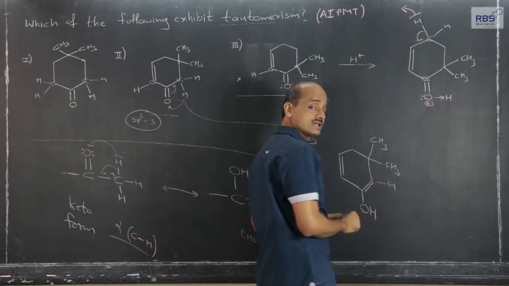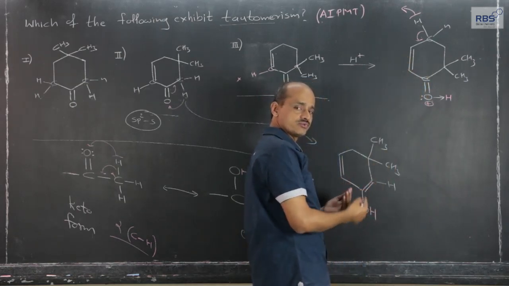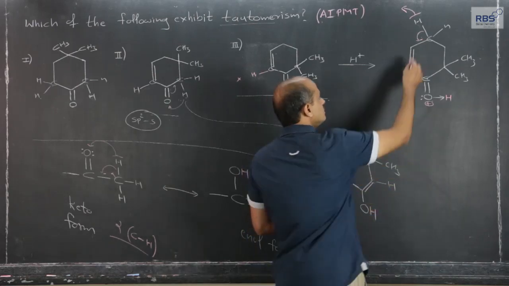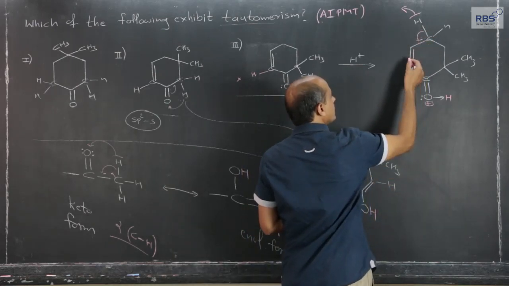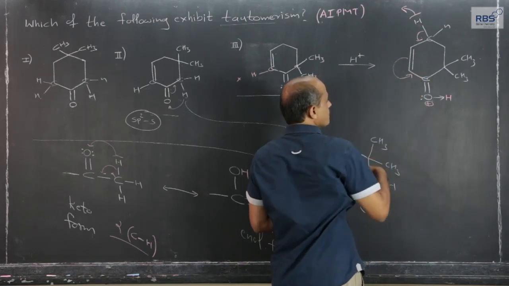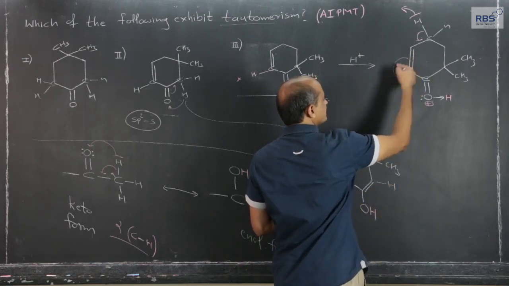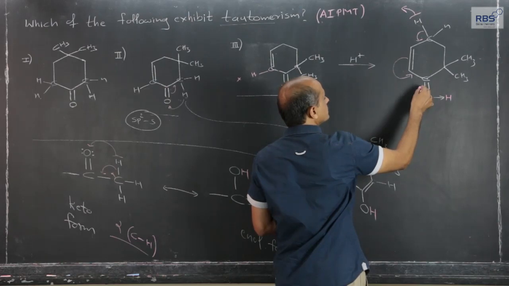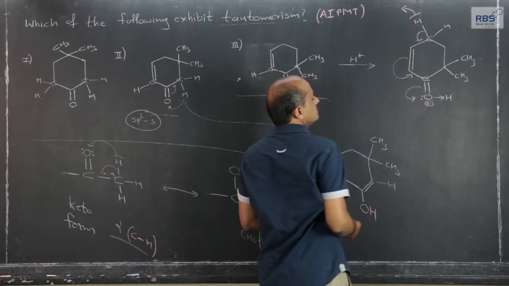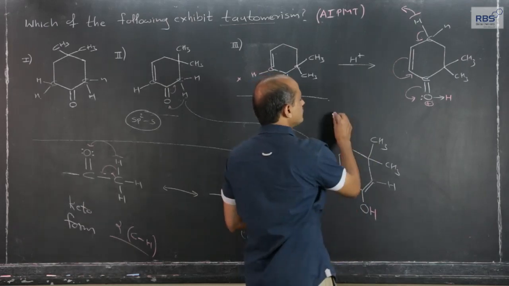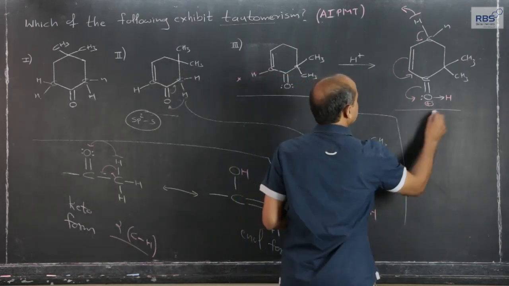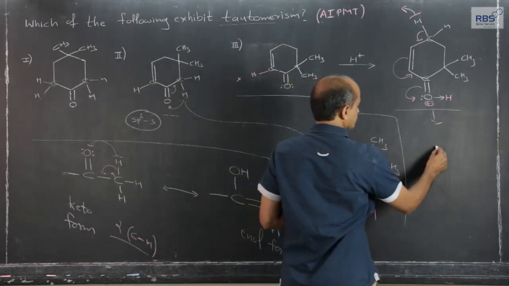I will show it now directly, the steps and stages we have considered earlier. This sigma gets transmitted here in the form of a pi bond, then the pi will get transmitted here, and when it gets shared here, the pi among this will get transmitted to oxygen in the form of a lone pair.